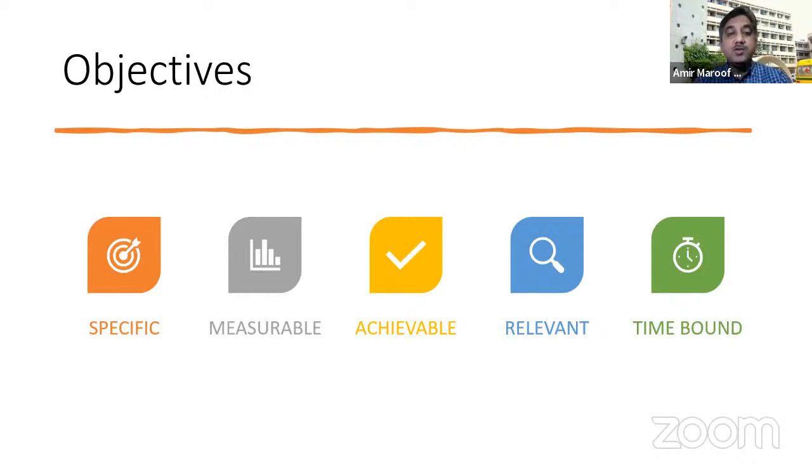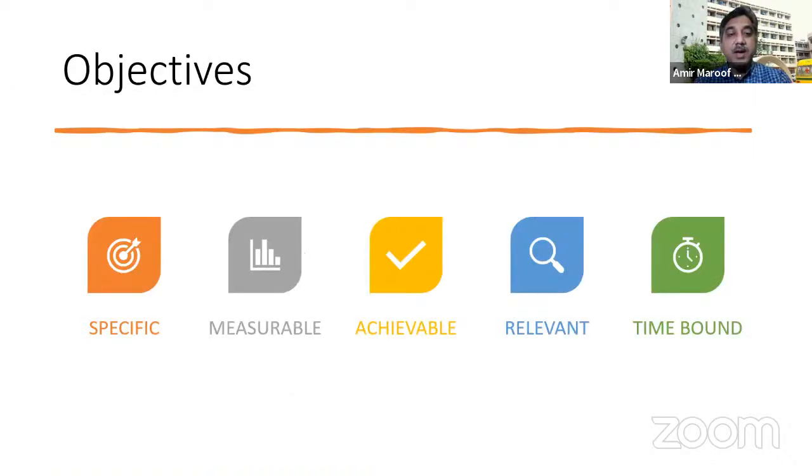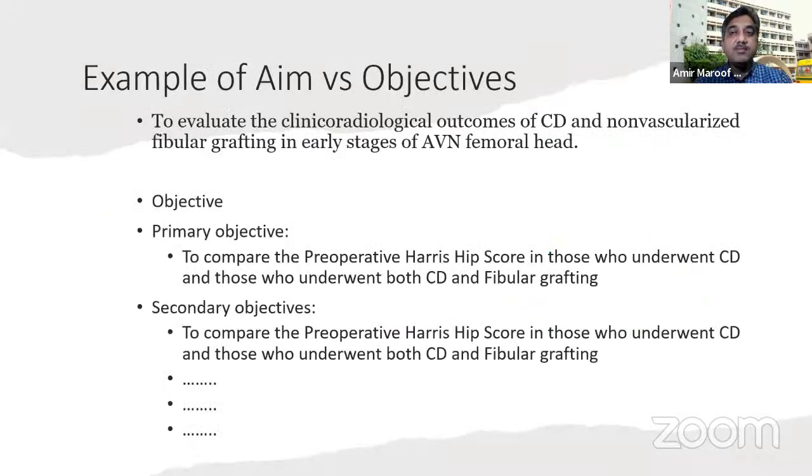If you are able to measure it, then you can do that study. So from aim, we move to a measurable outcome. Let us see how we can convert that aim into objectives. The first sentence, to evaluate the clinico-radiological outcomes of core decompression in early stages, was the aim.